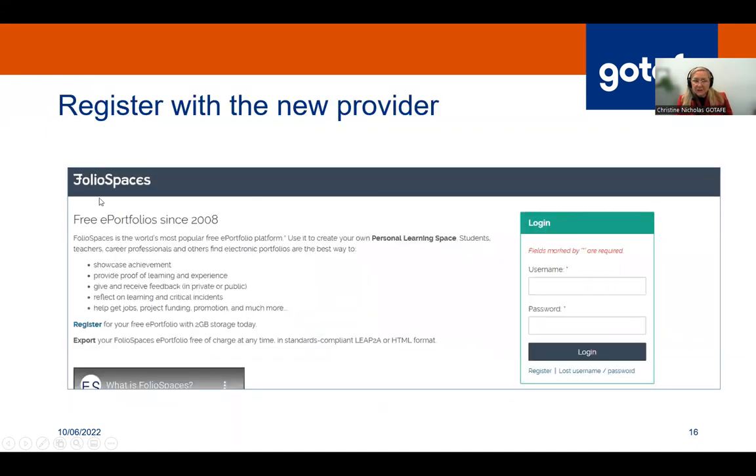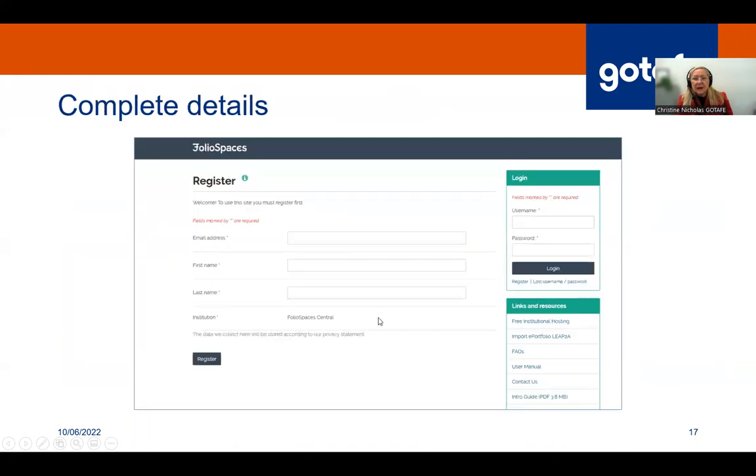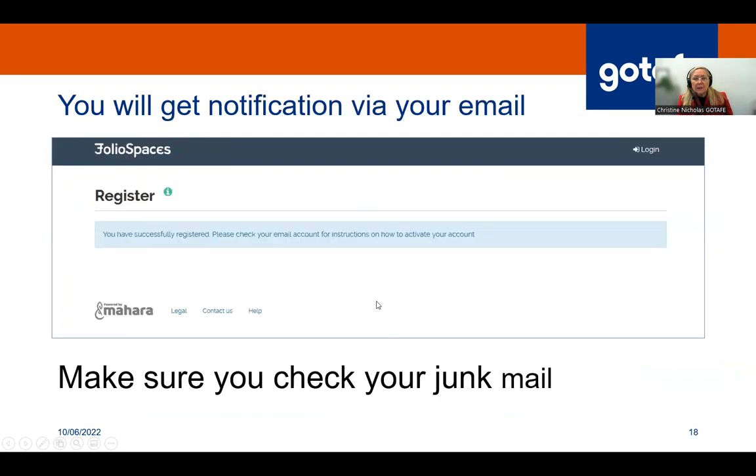I'll show you this one, the Folio Spaces, because it's got the more space. So it was one I was more attracted to. When you go to that website, you can click on register, and it'll ask you to put in your email, your first name, your last name, and click on register. Now, it'll probably go to your junk mail because it's got a link in there.